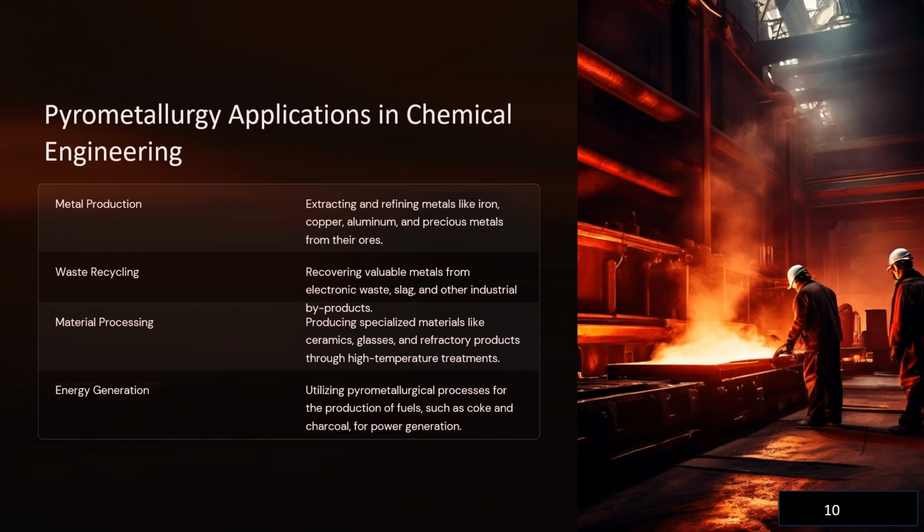And lastly, energy generation, utilizing pyrometallurgical processes for the production of fuels such as coke and charcoal for power generation. So the pyrometallurgical process also helps generate energy by producing fuels.